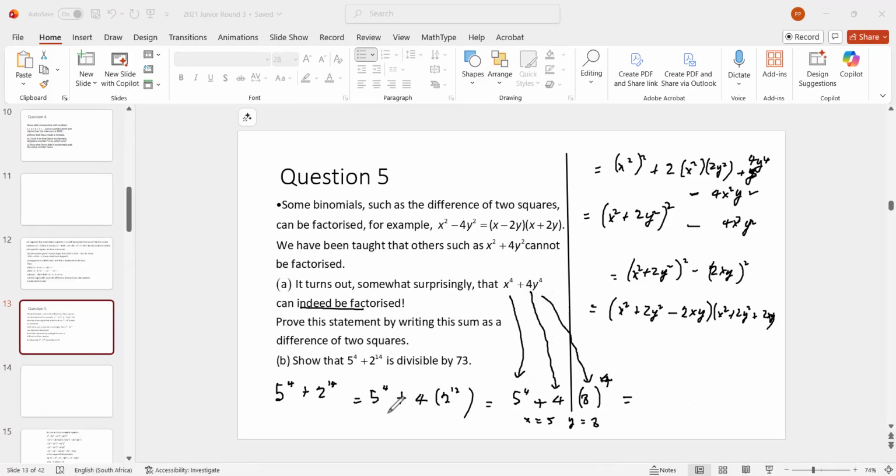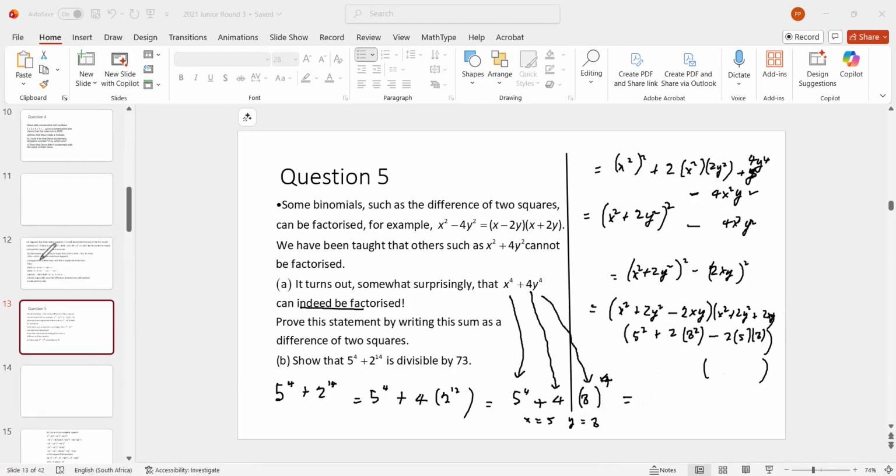Okay, so that's what I'm trying to factorize. So let's put x to the 4. X is 5. So this is 5 squared plus 2, y is 8, minus 2xy. That's 2 times 5 times 8 times something else.